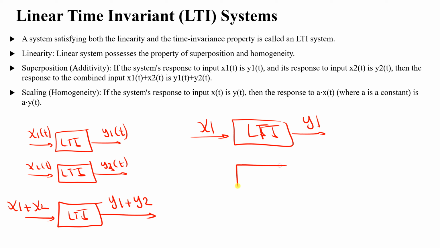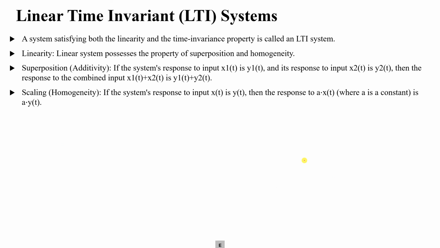If you scale the input, let's say it is a x1, the output will be a y1. So you can see that when I increase the input by a certain gain a, the output also increases by the same factor a. That is the second property for a linear time invariant system.